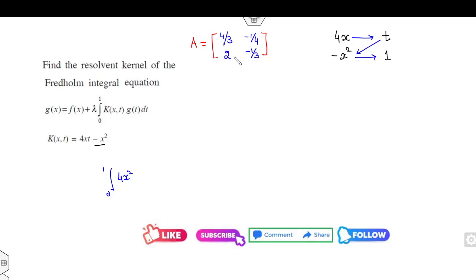Is it okay? Then you can write the equation: trace will be my 1 and the determinant will be 4/9 minus minus plus 1/2. Is it okay? 4/9 minus minus plus 2/, fine.